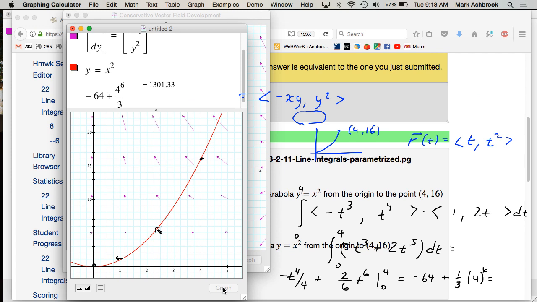So this rendering of the vector field is just giving you a general idea of the relative magnitudes of the vectors. But at 416, what is the actual vector?